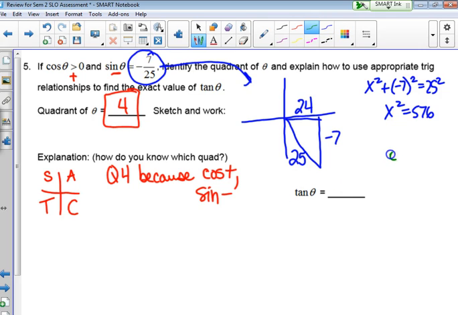Tangent is opposite over adjacent, or y over x, which would be... Any questions? Is tangent supposed to be negative in that quadrant? Yeah.